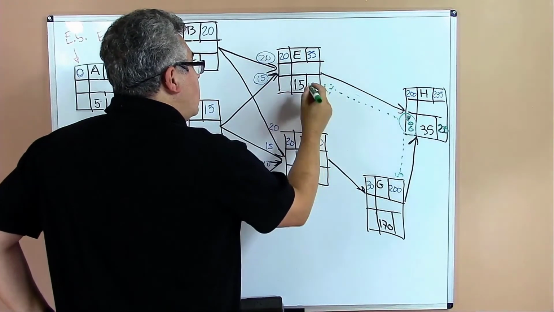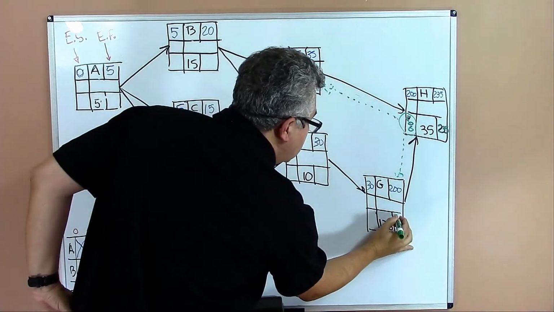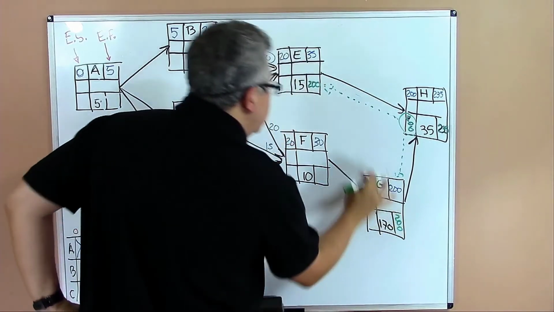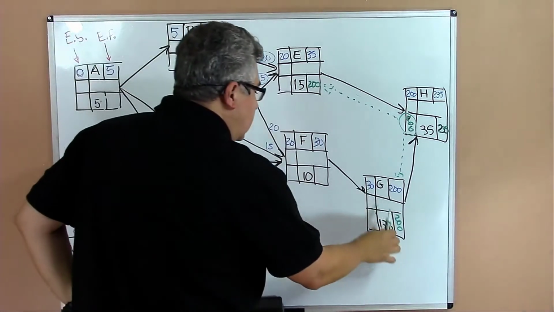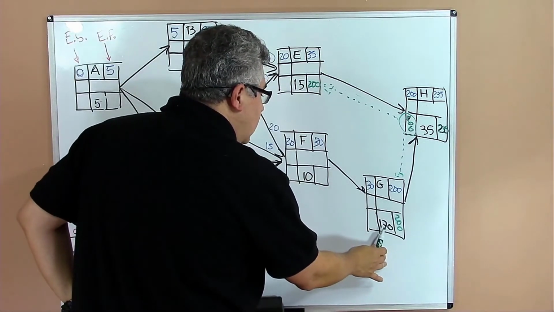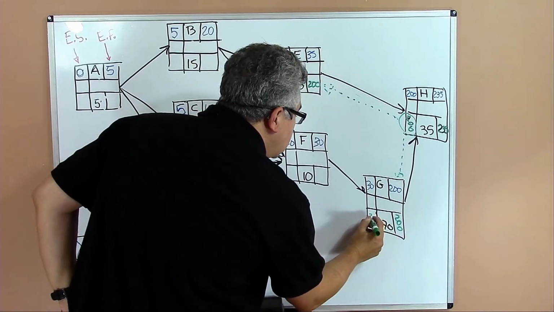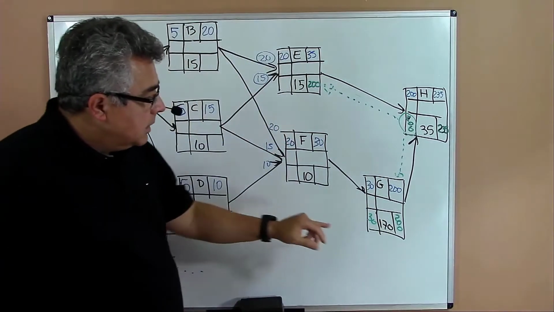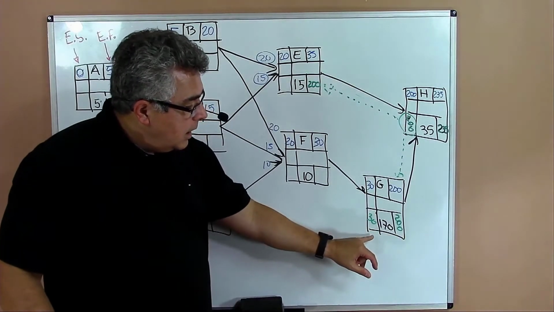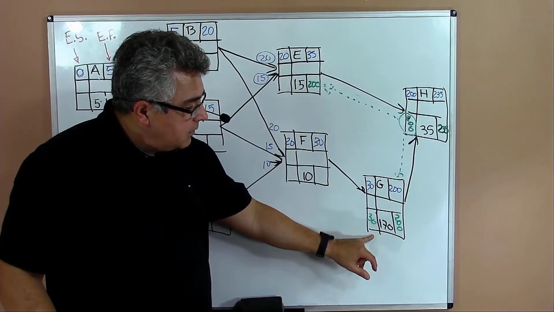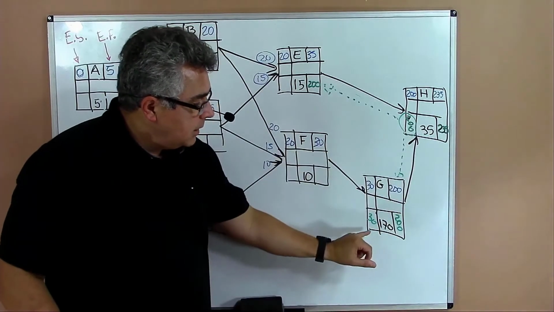So backward, we put the 200 here, and the 200 here, for activity G and activity E. So now we go for activity G. 200 minus 170 is 30. It means that the latest time that activity G can finish is 200, and the latest time that activity G can start without delaying the project is day 30.